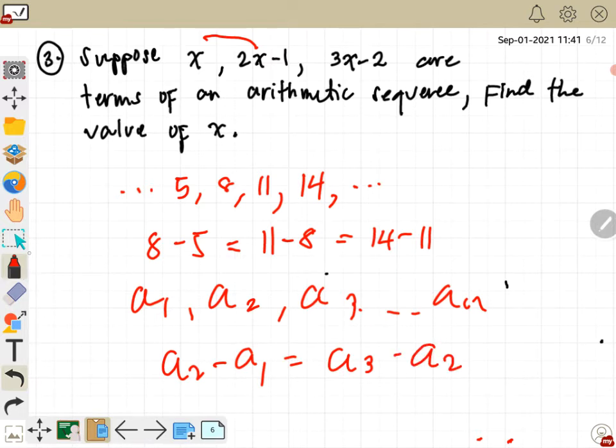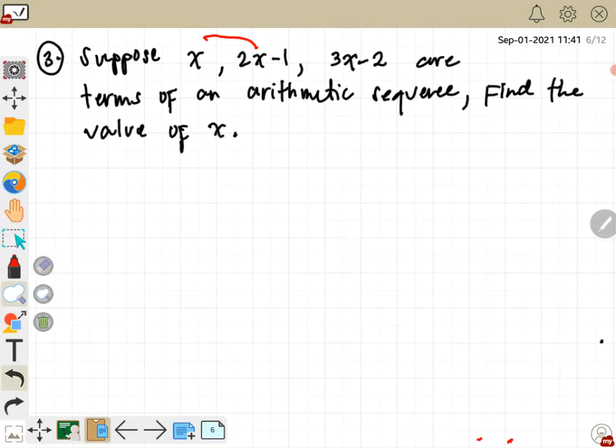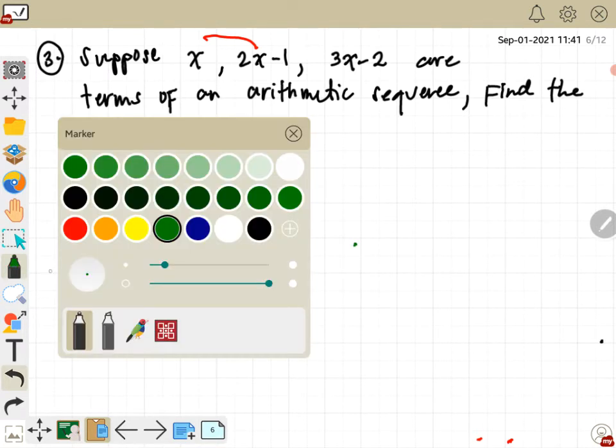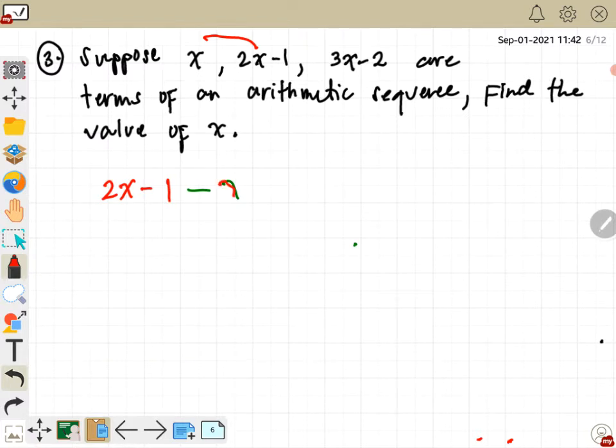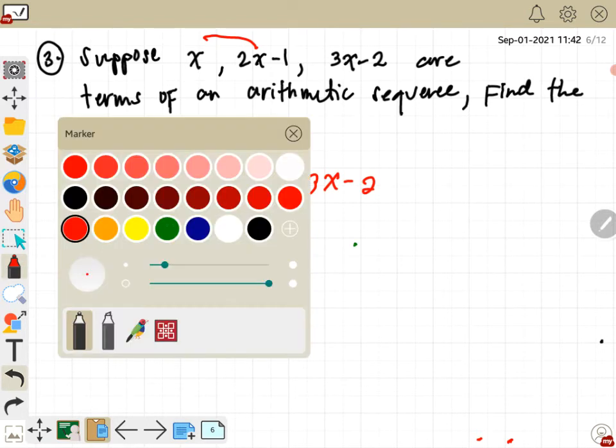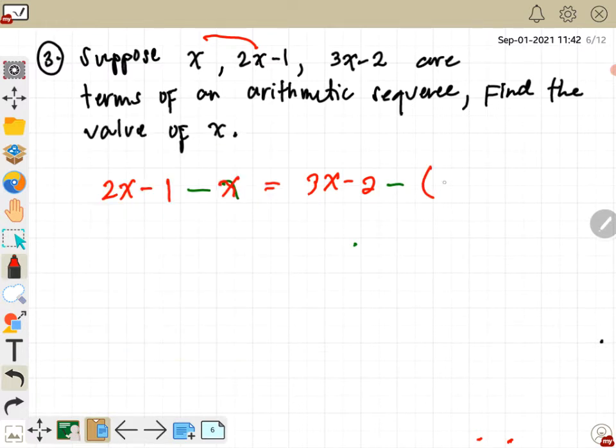Applying this in that problem, we will have 2x minus 1 minus x, equals 3x minus 2 minus, and we need to enclose it with parentheses because the next is a binomial, 2x minus 1.